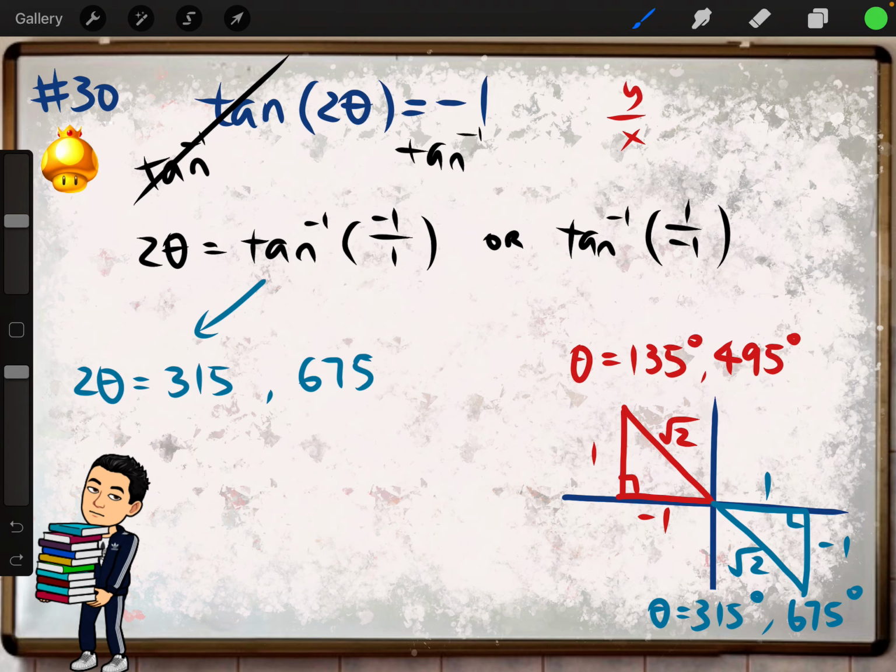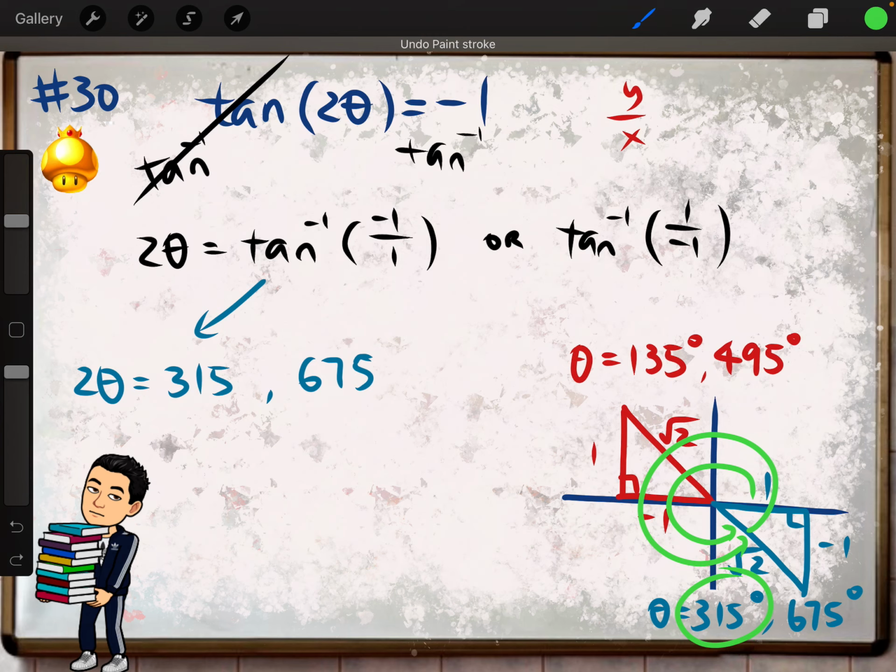It's because I know that the first spin gives me 315. If you do a second spin, you just add 360, and then you're going to get 675. That's how I got these two measures.